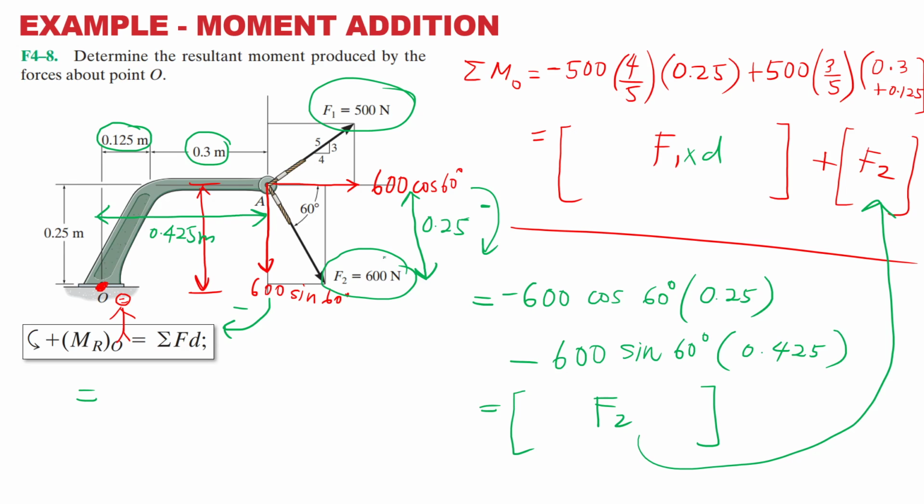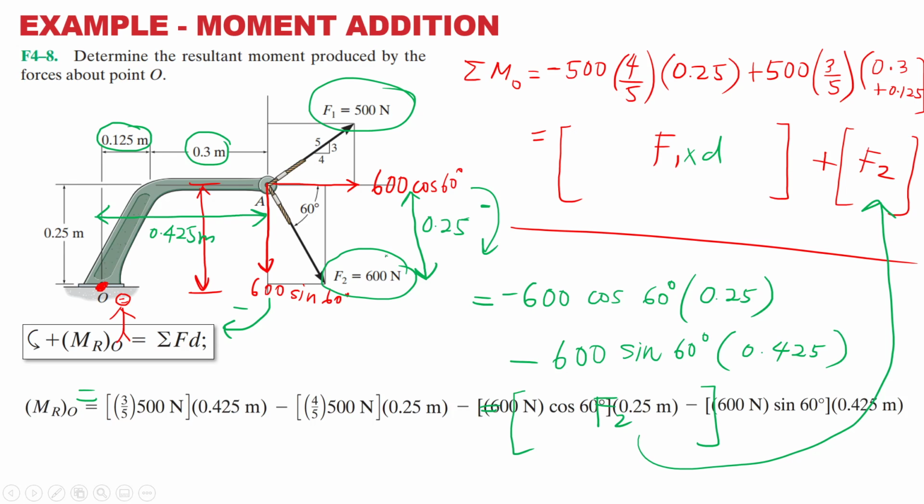So once you have calculated properly, let's check out the answer lah. Make sure you are doing it correctly. Alright, patut betul kot. Ini clockwise. So patutnya kamu dapat jawapan negatif lah. 268 Newton meter.